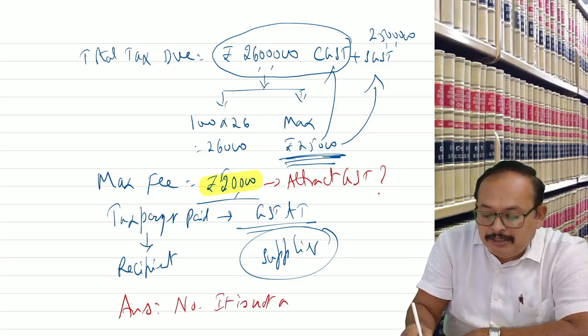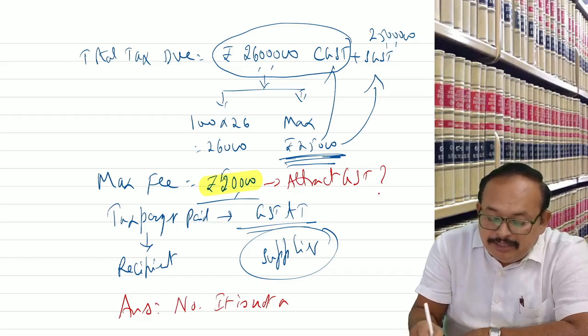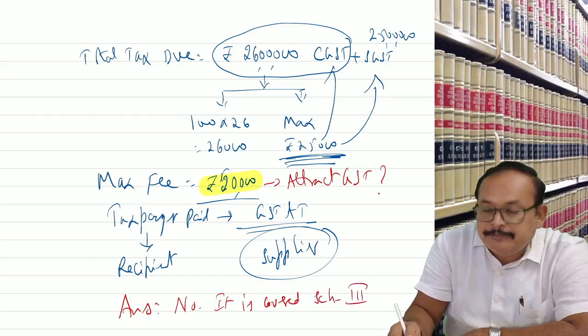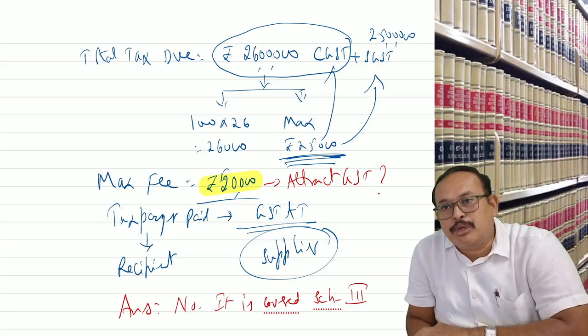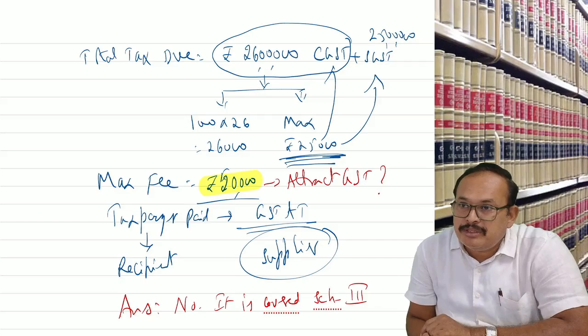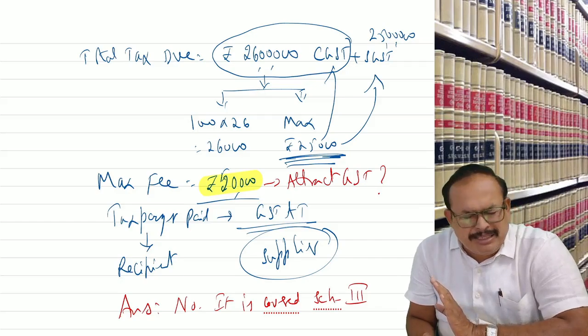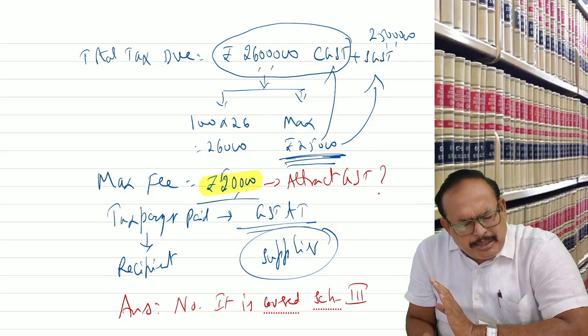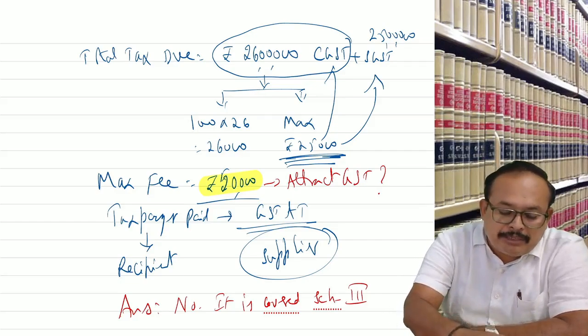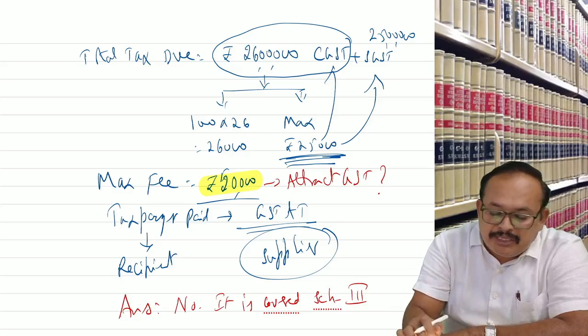It is covered under Schedule 3, point number 2: fee payable to a court or tribunal, which includes consumer dispute redressal commission. Get my point, sir? The fee does not attract TDS. No TDS will attract, no GST will attract. Is it clear? Now please come back. Where are we, sir? We are here.